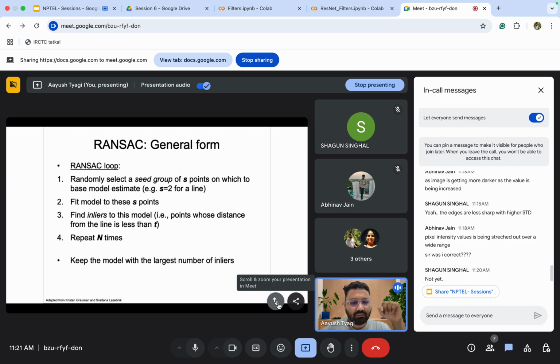You sample 2 points, try to fit a line along them, and check whether it's the best fit or not. Otherwise, you can fit a line to a set of random points using logistic regression, where you learn the slope and the intercept, right?